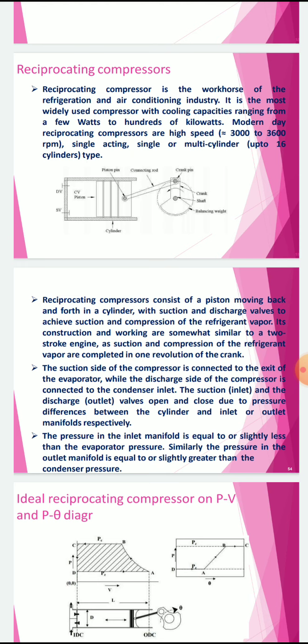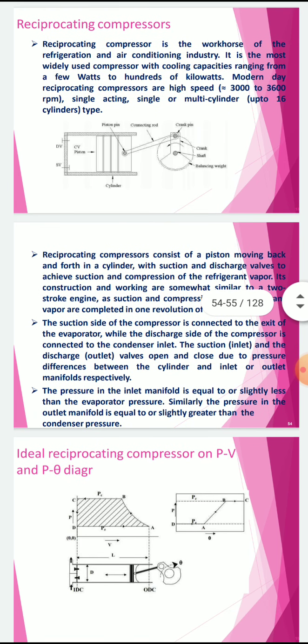Its construction and working are somewhat similar to a two-stroke engine, as suction and compression of the refrigerant vapor are completed in one revolution of the crank. The suction side of the compressor is connected to the exit of the evaporator, while the discharge side of the compressor is connected to the condenser.